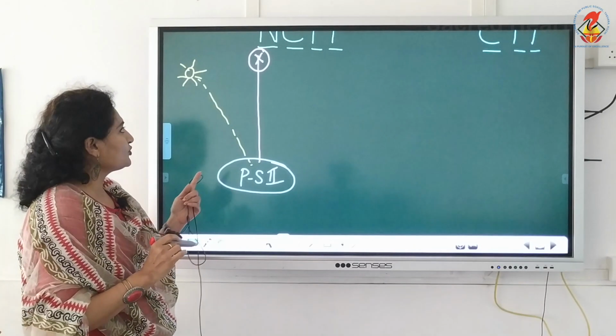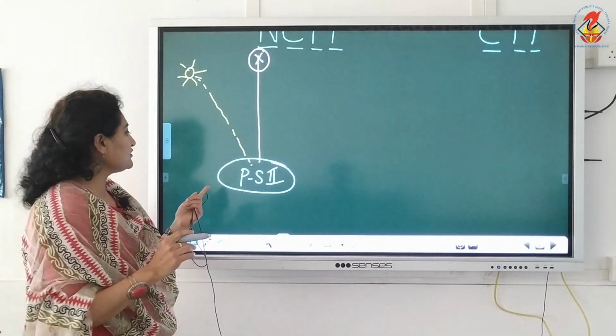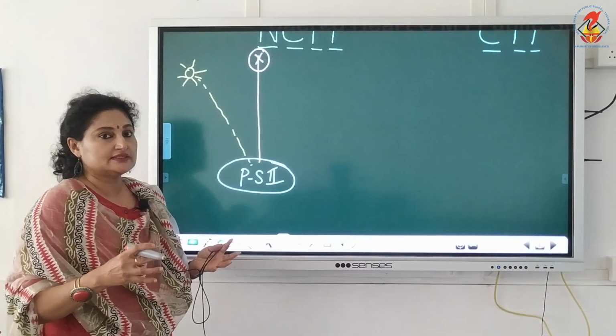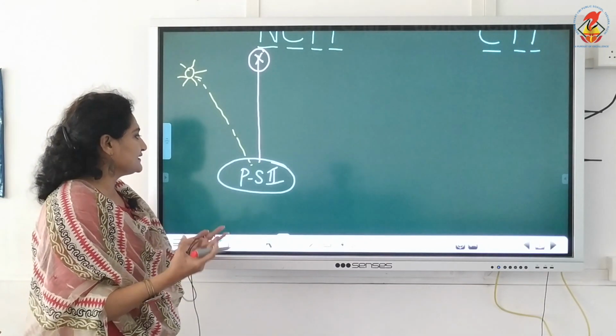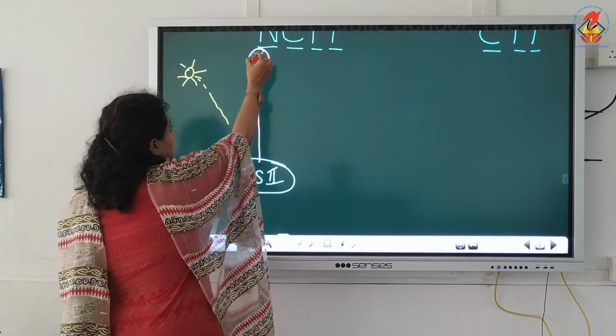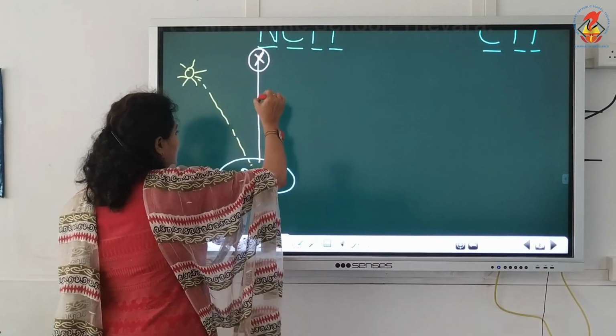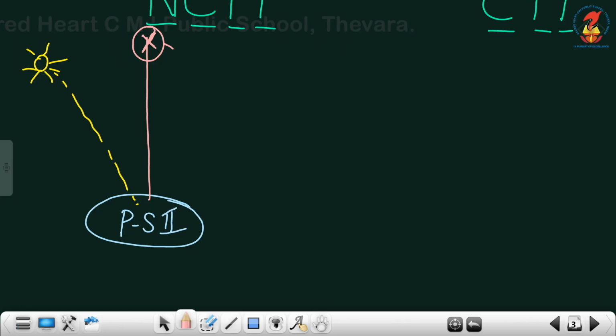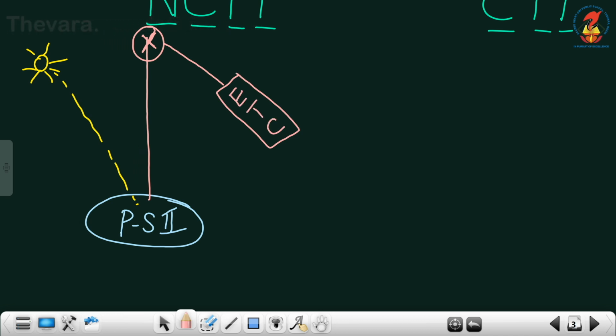How did that electron go to that electron acceptor? When photosystem 2 was illuminated, an electron got excited and emitted and was accepted by the electron acceptor X. Now, from the electron acceptor, the electron travels through the electron transport chain. The electron transport chain is a chain of cytochromes. It passes through the electron transport chain downhill. Now, we will be using the two terms downhill and uphill.